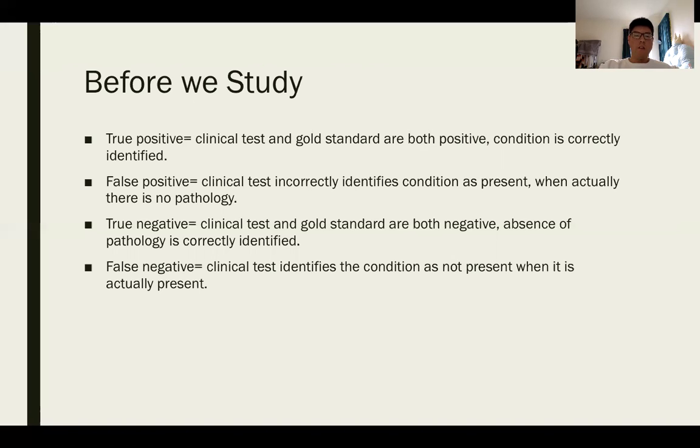Move on. A false positive means the clinical test incorrectly identifies the condition as present when actually there's no pathology. We still use the anterior drawer test as the example.